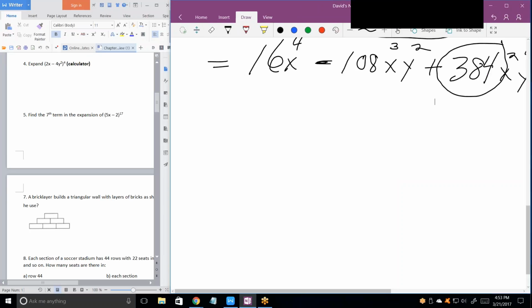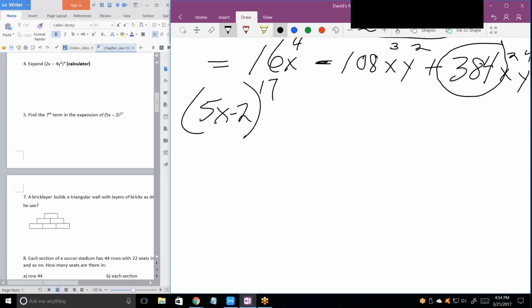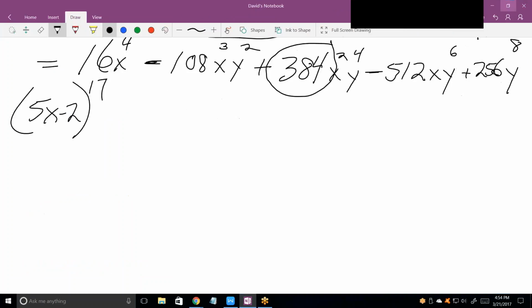Again, this time, we're doing 5x minus 2 to the 17th power. Well, let me first of all make my paper bigger.